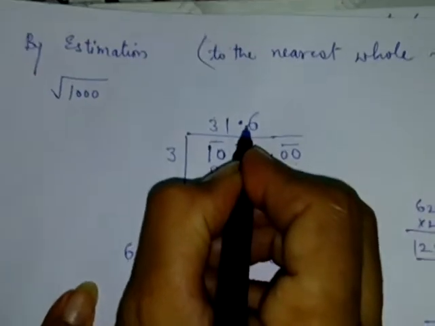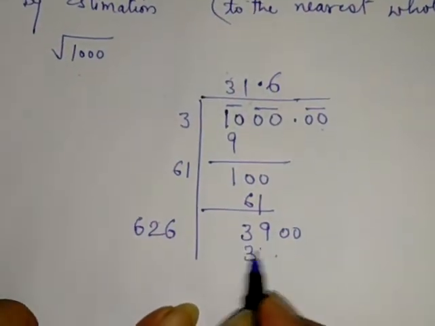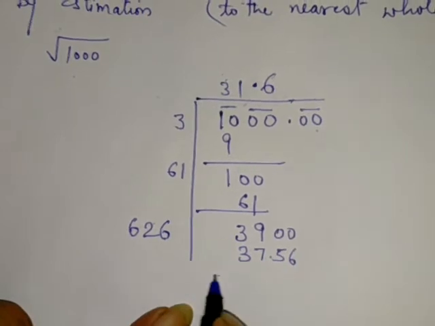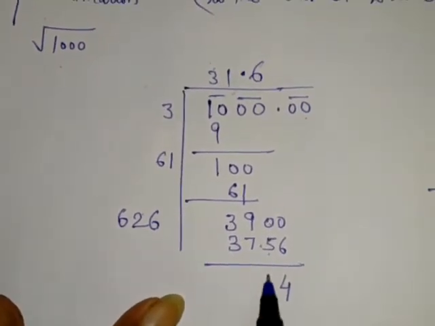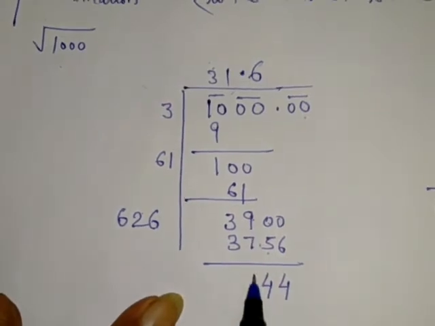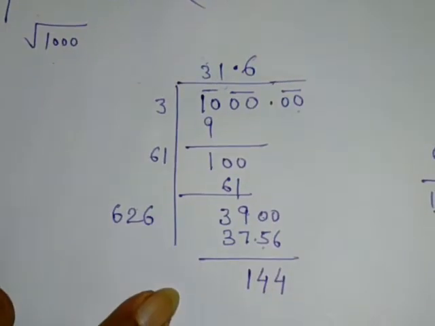So best suitable value of this is this one. So 6 I've written here also because I'm writing the 6 digit, and on multiplication it was coming out 3756. Do the subtraction. 4, 9 minus 5 is again 4, 8 minus 7 is 1. This is the only one digit after decimal I am taking.